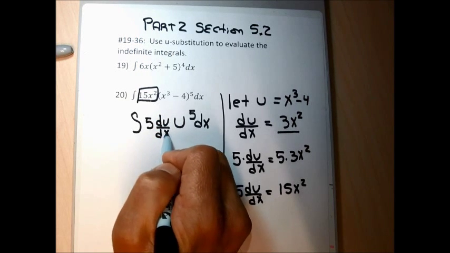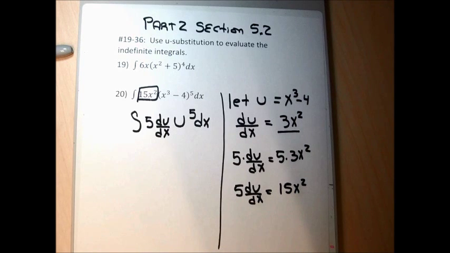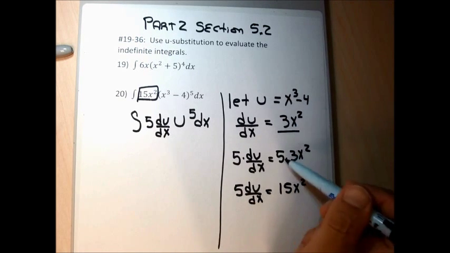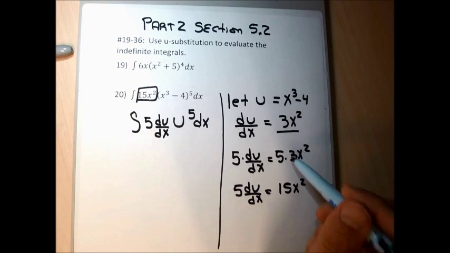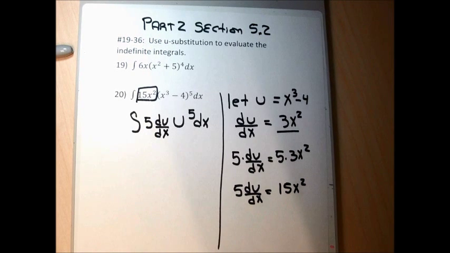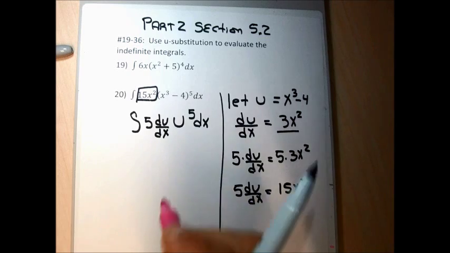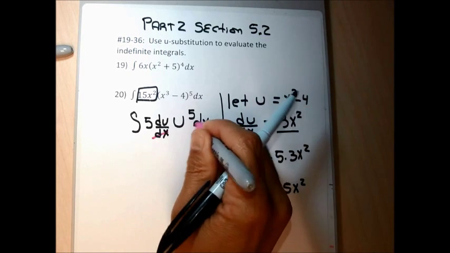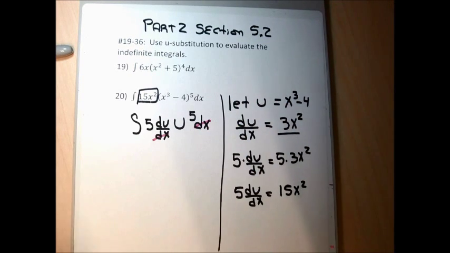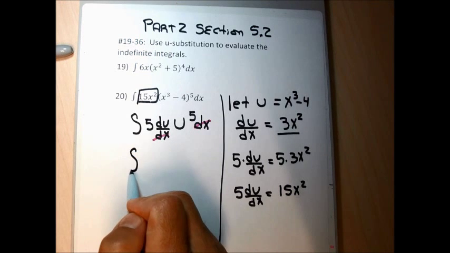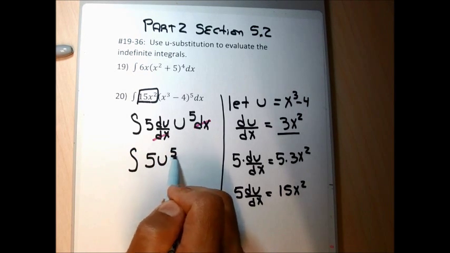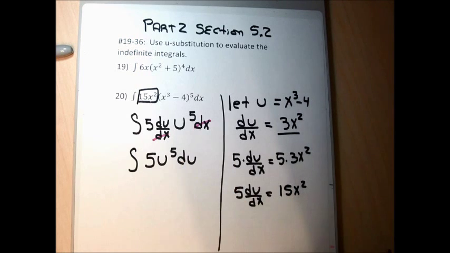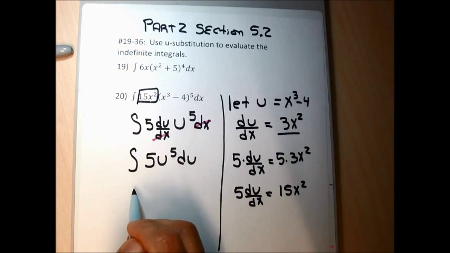So the big difference between 19 and 20, I'm either going to have to multiply or divide to get the extra piece. The extra piece isn't going to come out perfectly. The rest of it's going to be more or less the same. Here the dx's cancel. I can rewrite this with the du last. It's going to be 5u to the 5th du. And now I'm going to add 1 to the exponent, divide by the new exponent.